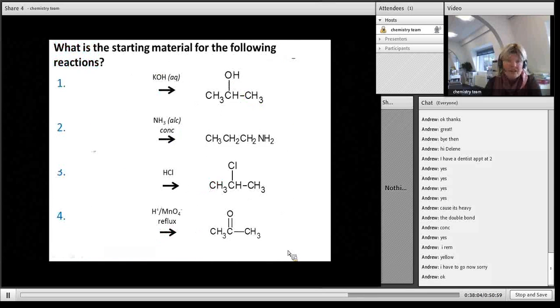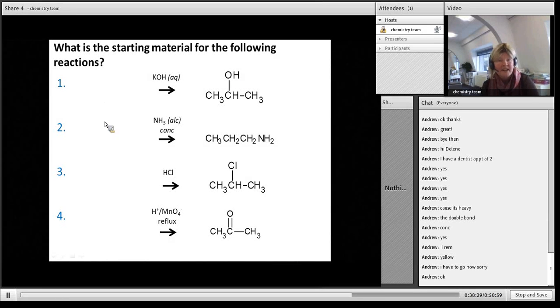Okay, so let's look at this practice example. We've looked at reagents, we've looked at products. A good way of remembering your reactions is to think: what can I start off with to form this product? If I form an alcohol, what would my starting material be?